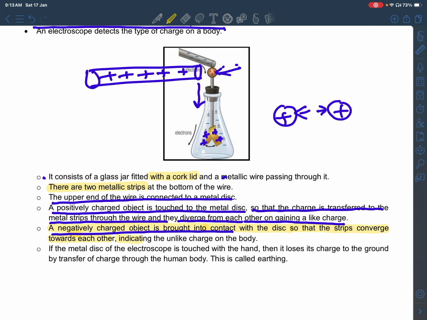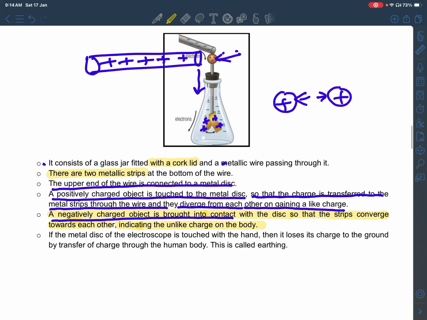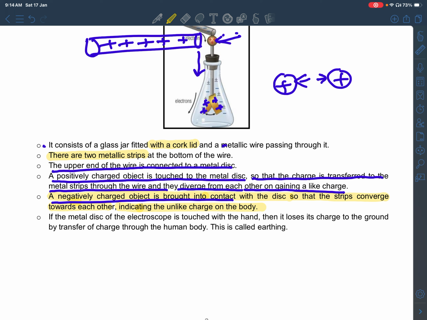This indicates unlike charges on the body. When they diverge, they have like charges, and when they converge, they have opposite charges. So the attraction and repulsion of charges can easily be detected through the electroscope.